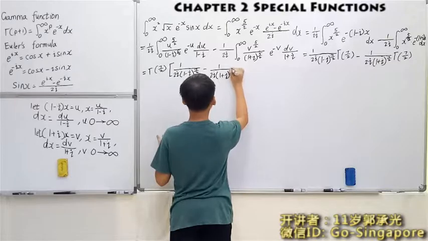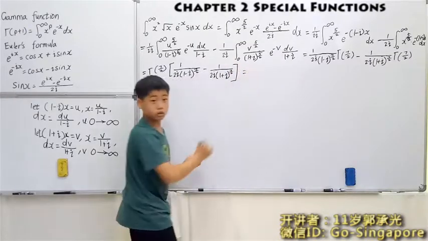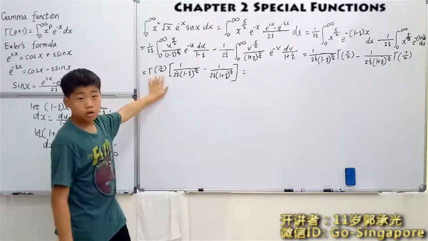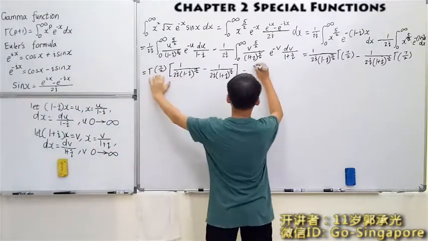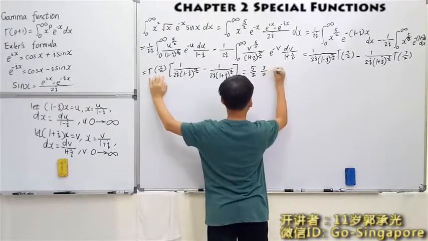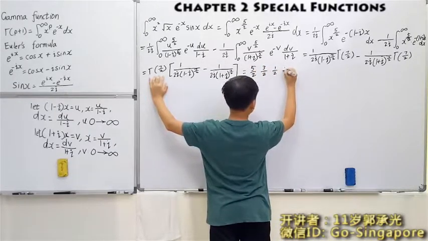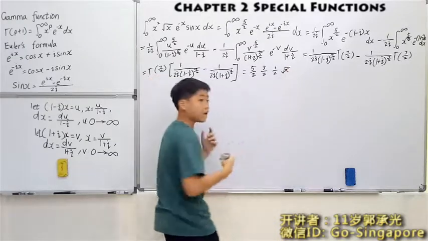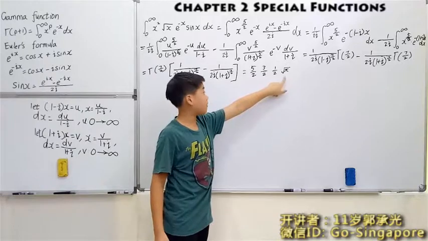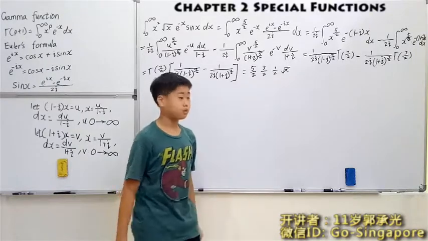Like this. Then this part, we can make it into 5 over 2 times 3 over 2 times a half, then times square root pi, because at last it becomes gamma half. And that we have found out is square root pi.